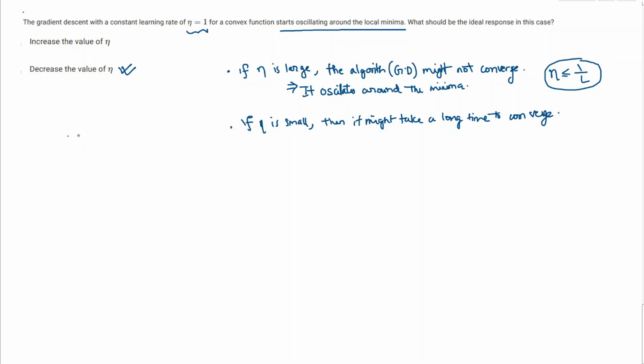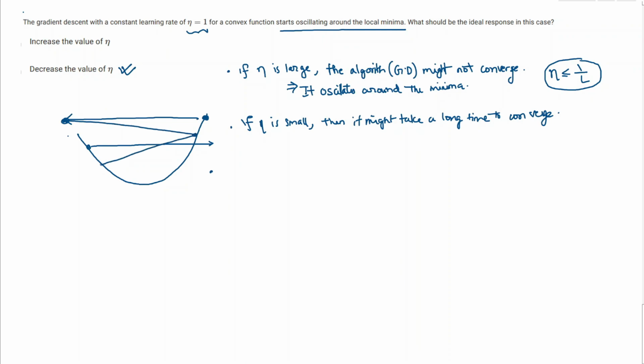One pictorial way of seeing it is that suppose this is a convex function, and we start here, and if the step size is very large, say for example the step size crosses this range, so the next step would be here, which means it will take a value here, and then it goes again to the left, and then it goes again to the right.